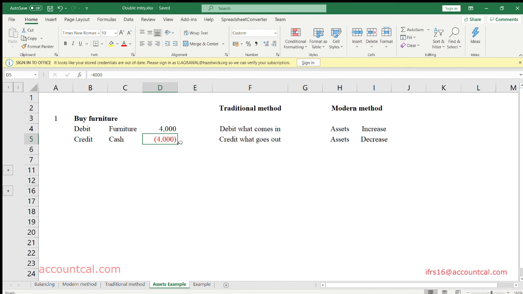This is also an asset, and cash has reduced. It has decreased. That's why we are crediting. So if any asset increases, we debit that asset. If any asset decreases, we credit that asset. Both are assets, and you can see what we have done with this entry. Thank you.